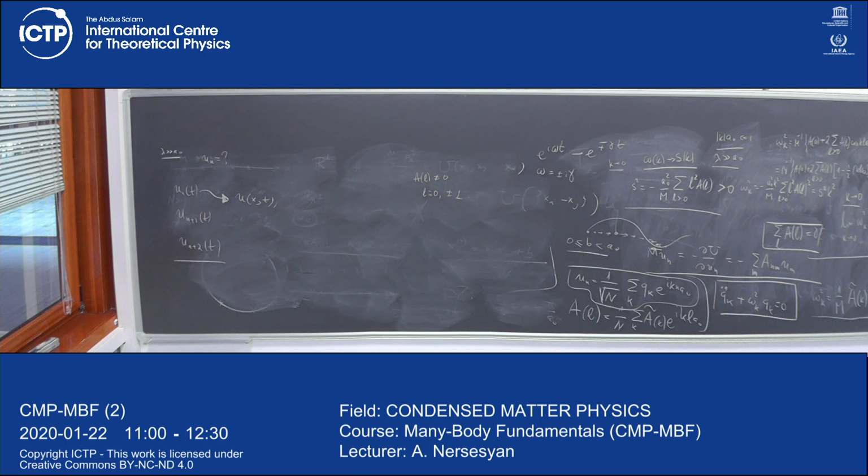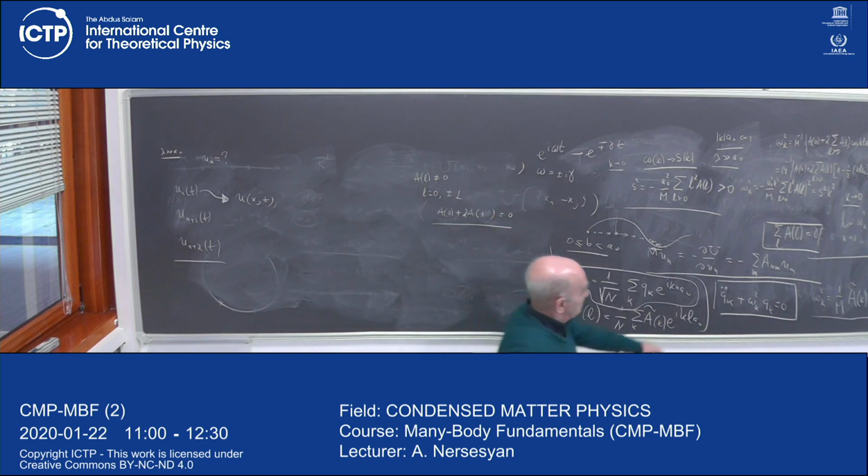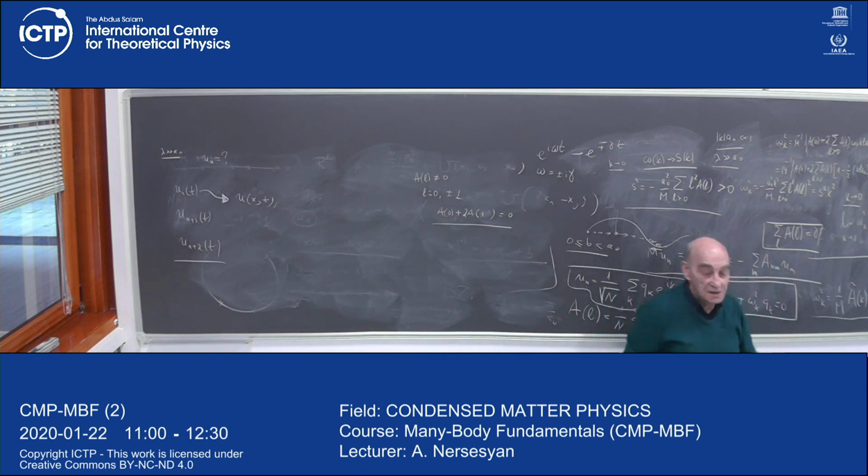There is a local term at L equal to 0, and there are the nearest neighbors. If you do that, and you fine-tune the values A0, A plus minus 1 in such a way that this condition is satisfied, in other words, A0 plus twice A1 must be 0, this should follow from this condition.